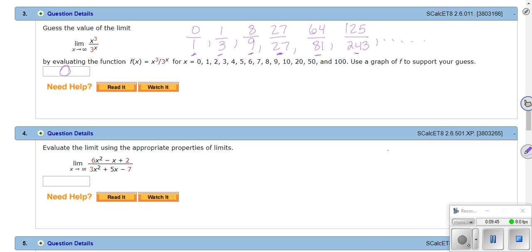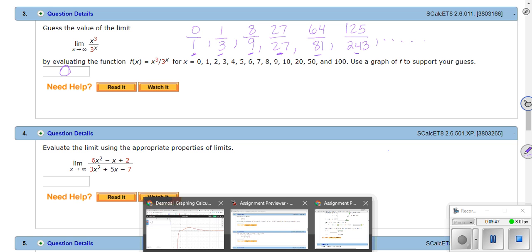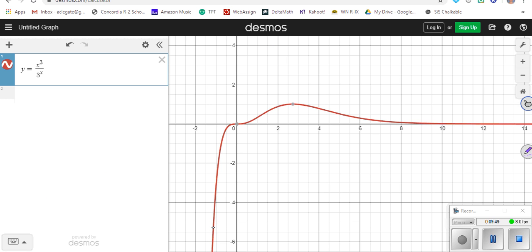Now, another way you can do this is, of course, our favorite tool, Desmos. So if I graph this in Desmos, again, you can kind of see I started at 0, and then when I put in a 1, what did I get? Like a 1/3, so a little over. And then when I put in a 2, I got 8/9, almost to 1.